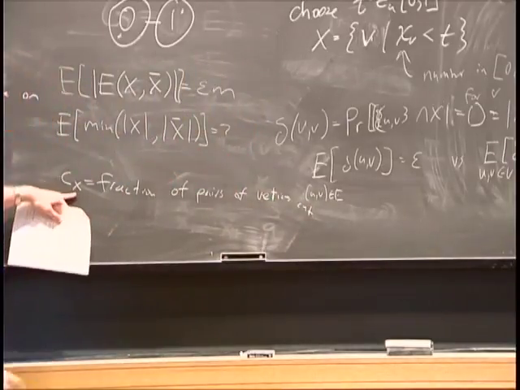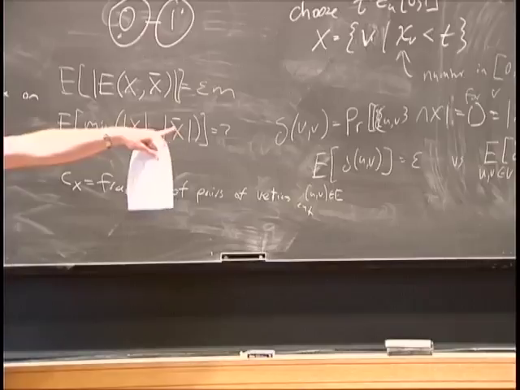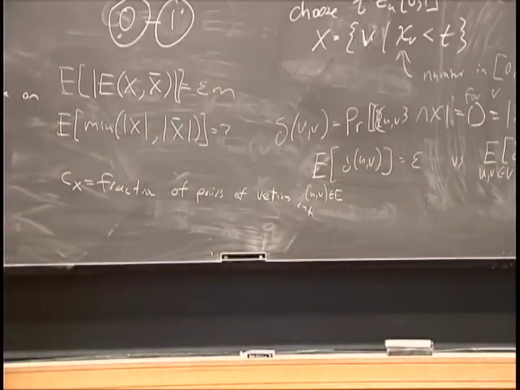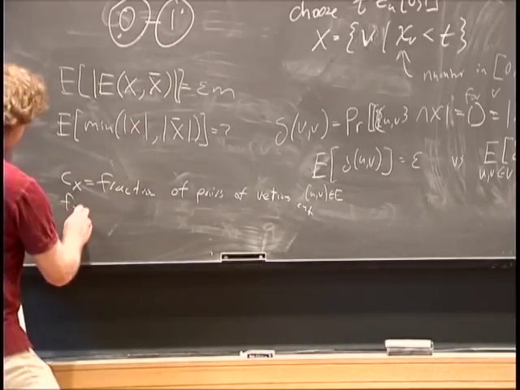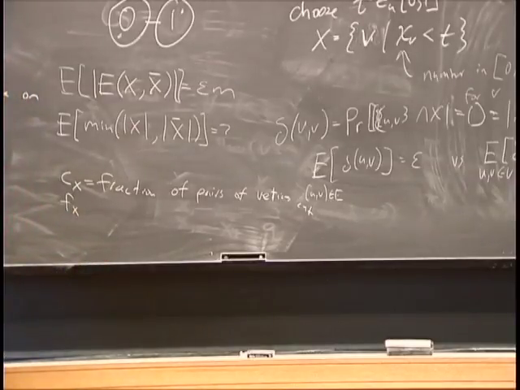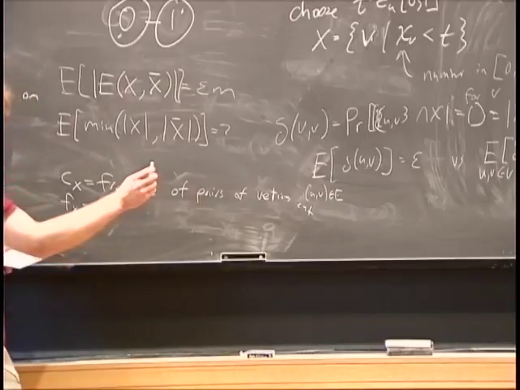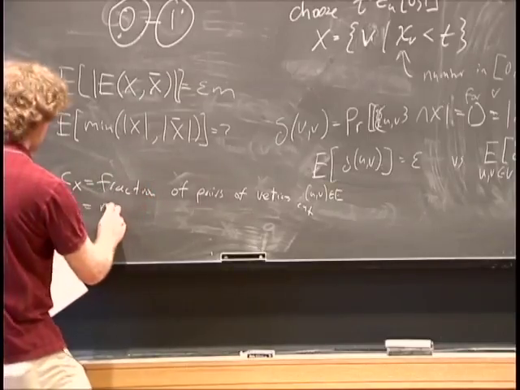And the expected value of Cx is delta. Now, say Fx is the fraction of vertices on the smaller side.